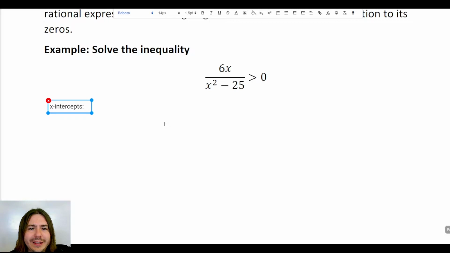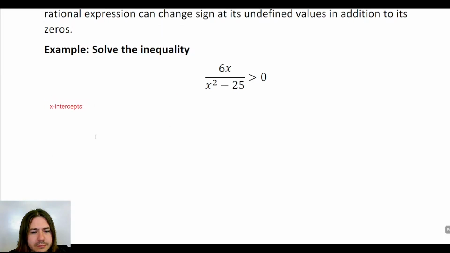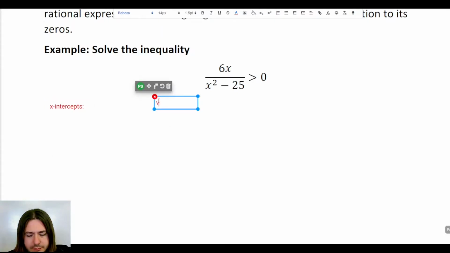We'll get into that in the next unit, actually. But for now, we'll just say the x values that make the function undefined. Or I'll say, maybe not the function because we're dealing with an expression, the x values that make the rational expression undefined.